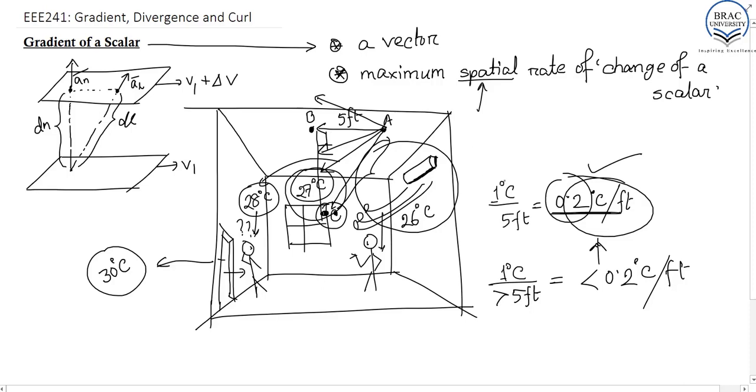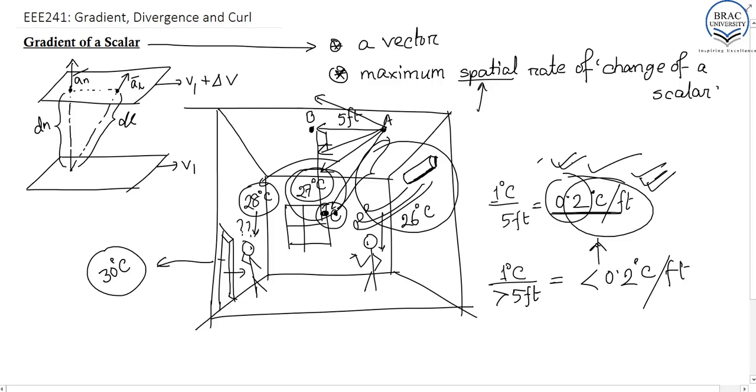So gradient of a scalar basically is a vector that denotes the value of the maximum rate of change of the scalar, and also the direction you have to traverse to get that maximum value.